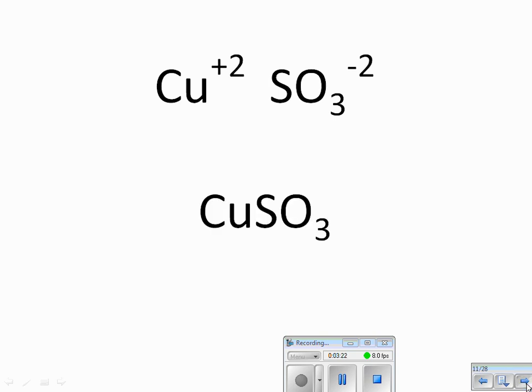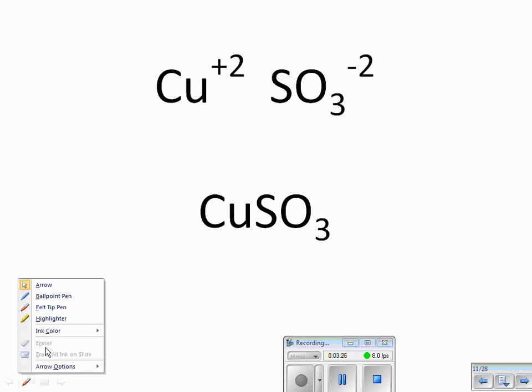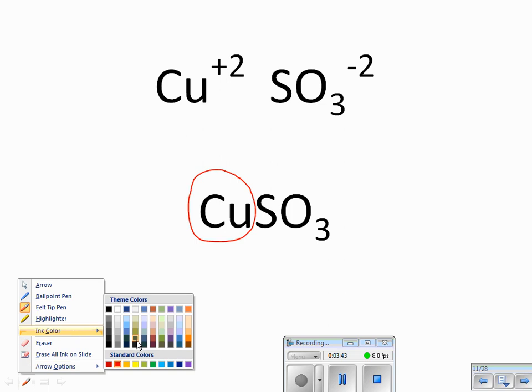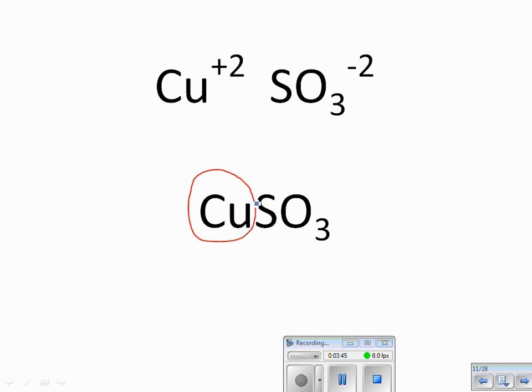Well, from the compound that we were given, we know, let's draw circles around this so that we can visualize them as ions. We've got one copper ion, and it is attached to, let's change the color here, one sulfite ion.